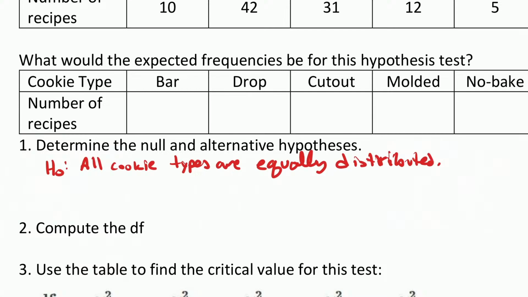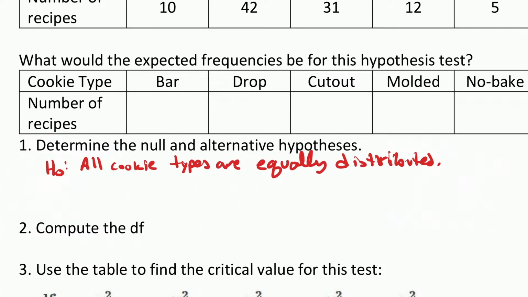That's not very well written. Anything that indicates that they're all the same, so that you would say they're all 20%, that would be fine. Whatever you want to say, just that each of the cookie types is equally represented in the population.